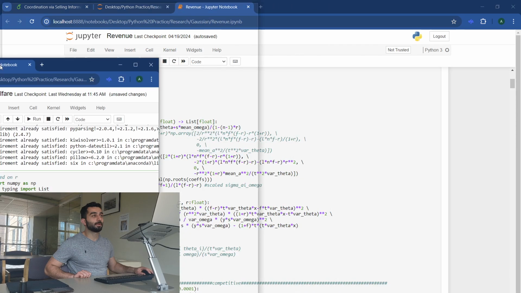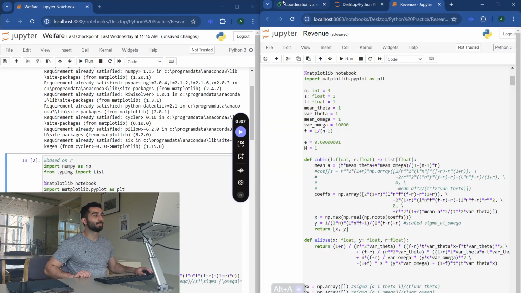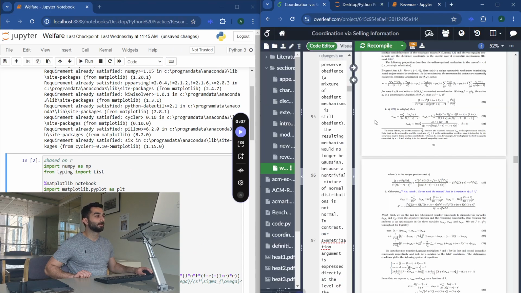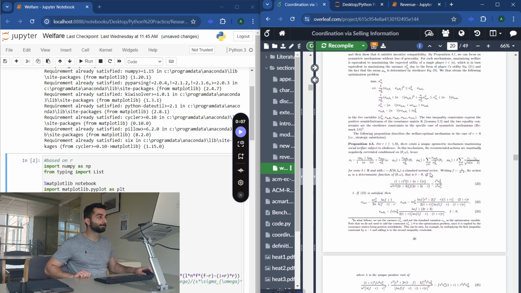Can I put them in two different? So x is sigma I theta I over T sigma theta I squared, so it is lambda NF, right?